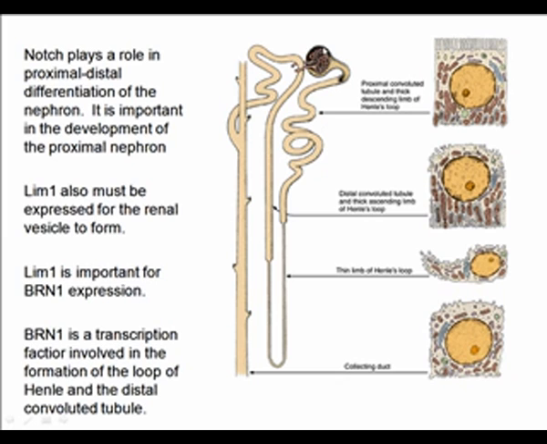LIM1 has to be expressed for the renal vesicle to form, and LIM1 then is important in BRN expression. And the BRN is going to be important in the formation of the loop of Henle and the distal part of the convoluted tubule. So you can see how we have differential expression of different genes as you go through the nephron, from Bowman's capsule all the way to the distal convoluted tubule.